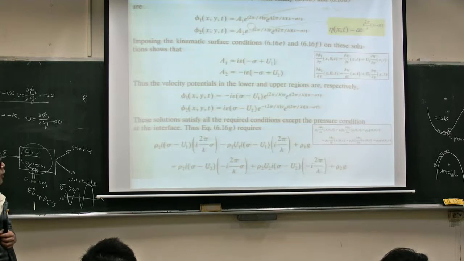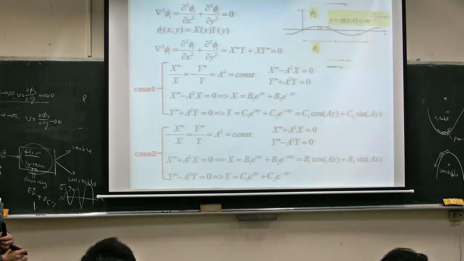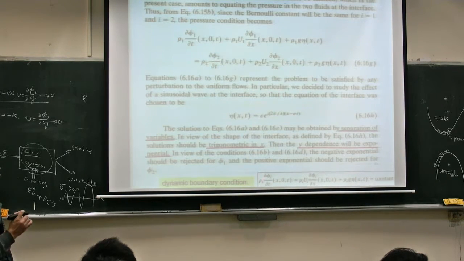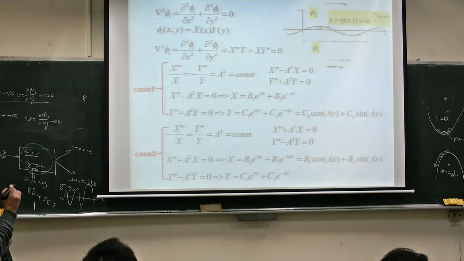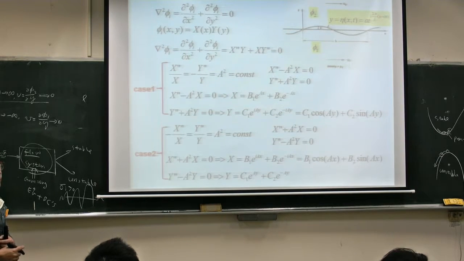Okay, and here he mentioned you can use the so-called separation of variable, right? Separation of variable to solve this physical problem. And the Laplace equation we have is what? Is this, right? Gradient squared phi equals 0. And by using the separation of variable, we try to separate our x and y into two functions, that's called the separation of variable, right?